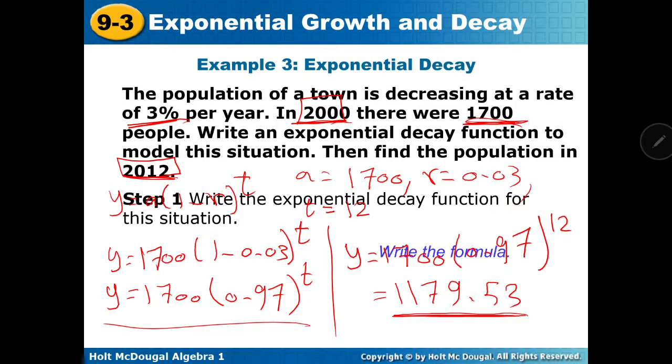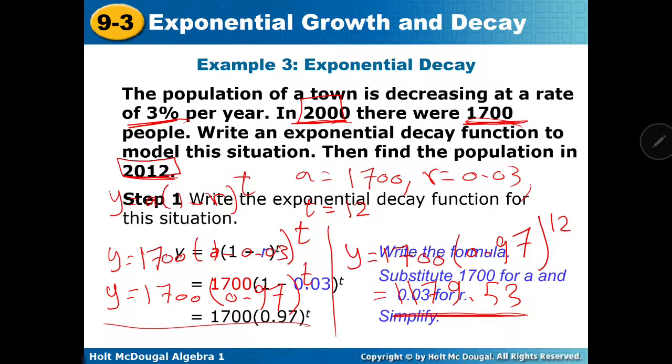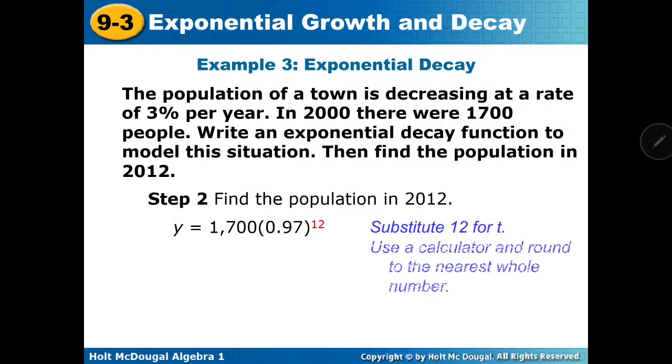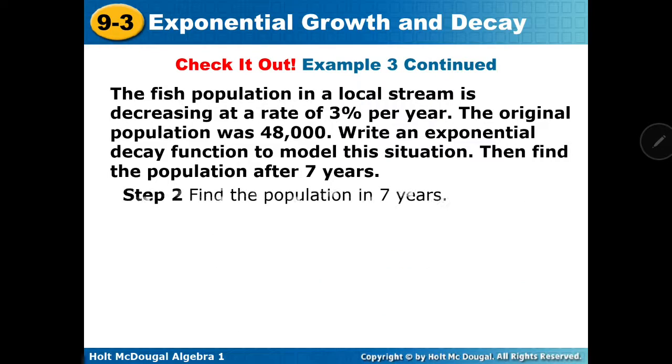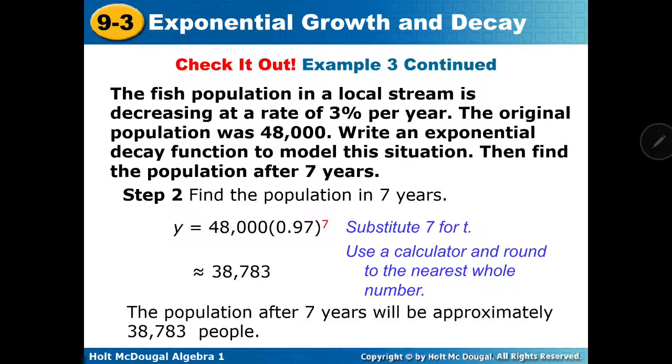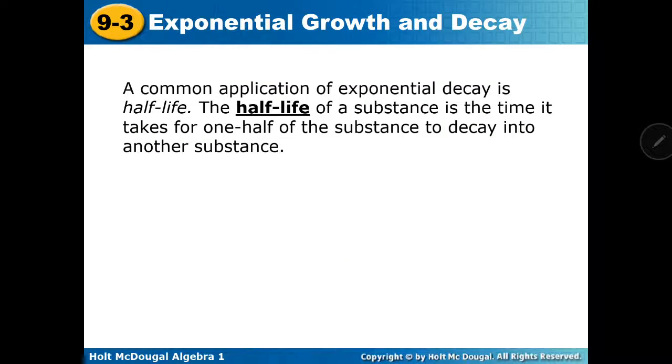A direct and very important application of exponential decay is the half-life. The half-life is a chemistry or physical application of exponential decay. It concerns the time it takes for half of a substance to decay into another substance.